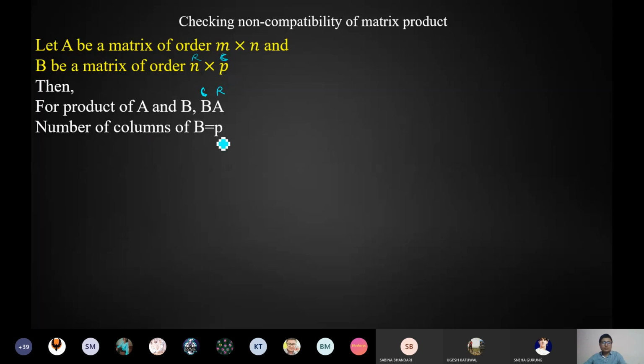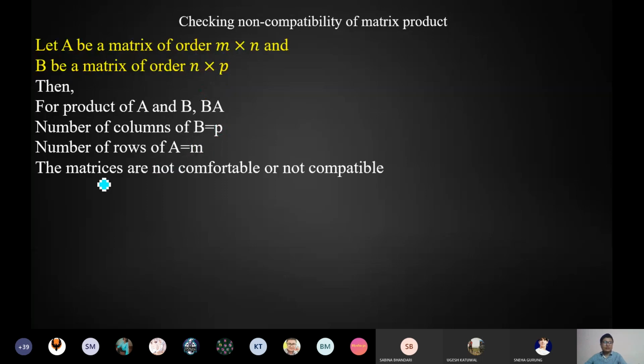The number of columns of matrix B is equal to p, and the number of rows of matrix A is equal to m. These two are not equal here. P and M, are they equal? I don't think so. So the matrices are not compatible for the product BA. It was compatible for AB, but not compatible for BA.